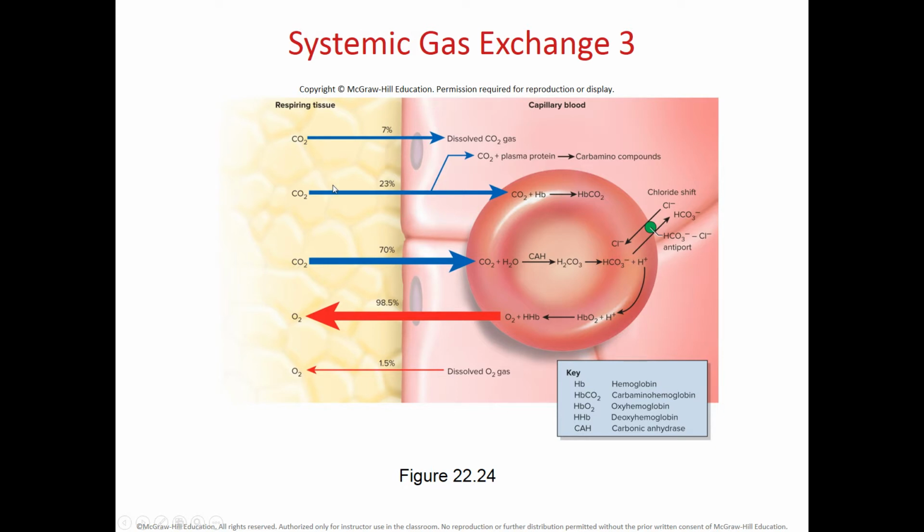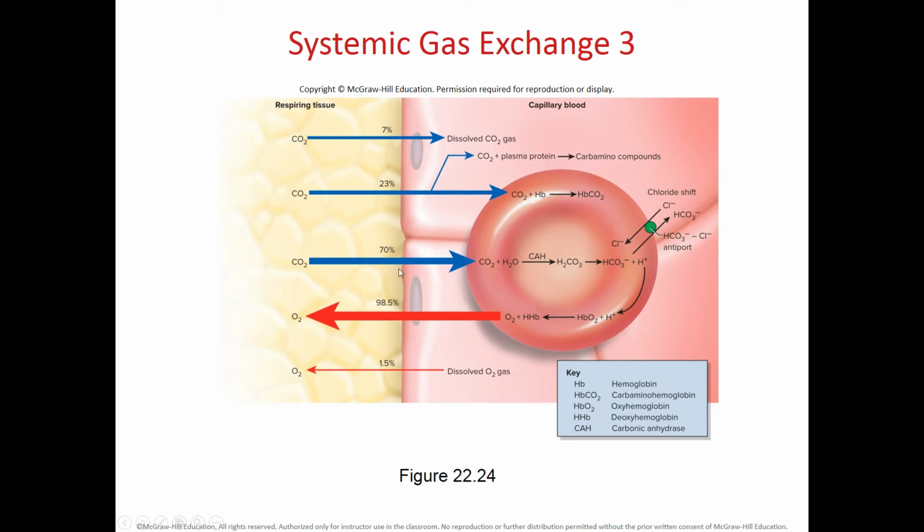In the tissue, whenever it's active, you will release CO2. 7% will go as dissolved CO2 in the plasma, and 23% will also go into the plasma, but part of this will combine with plasma protein, forming carbamino compounds, and part will go into the erythrocytes to combine with hemoglobin to form carbaminohemoglobin, or HbCO2.